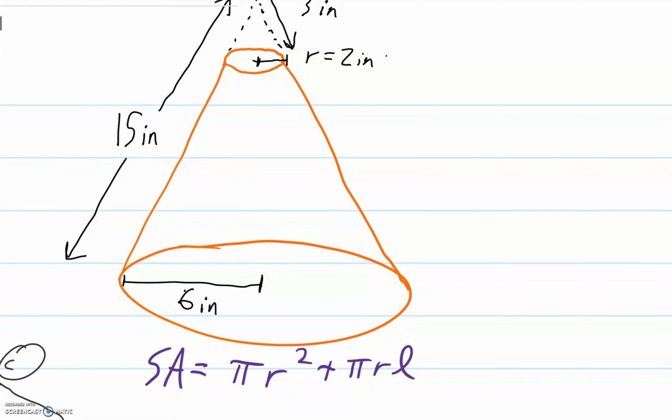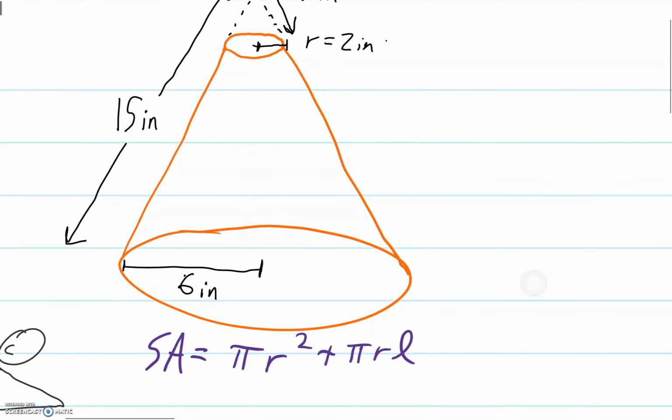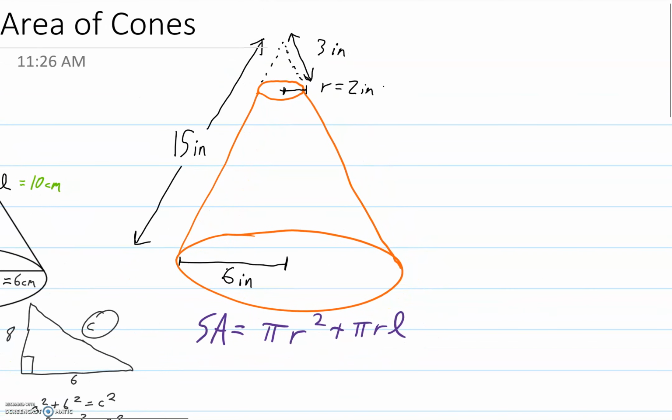So we're finding this actual cone. What do we have to do? Well, we have to find the surface area of the big orange cone, and then take off the cone at the top. The blue cone that is at the top. So we need to subtract that.